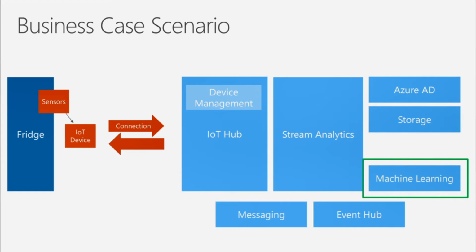If it hits some point, it goes to the messaging because it's an urgent alarm, or to the event hub for some monitoring purposes.